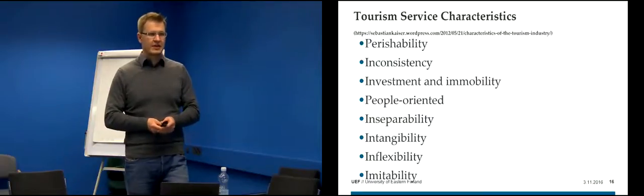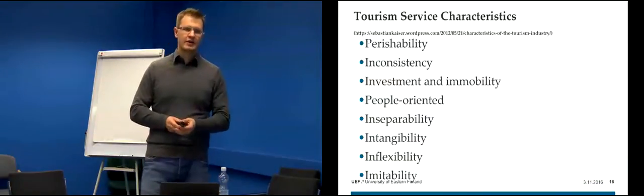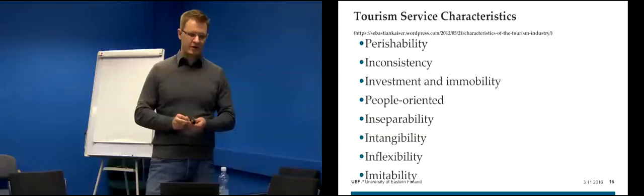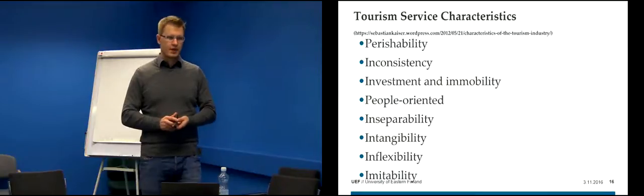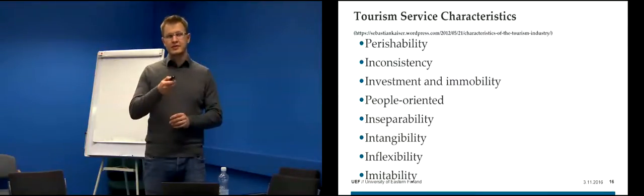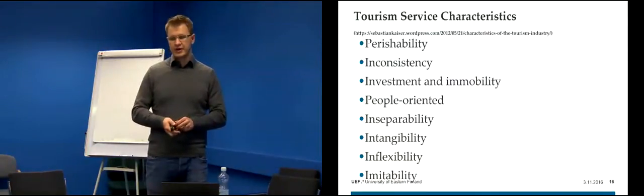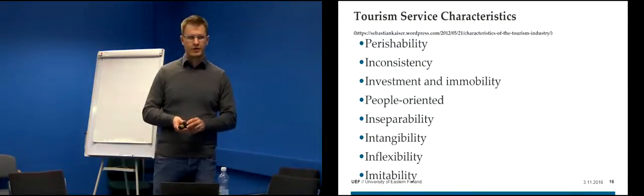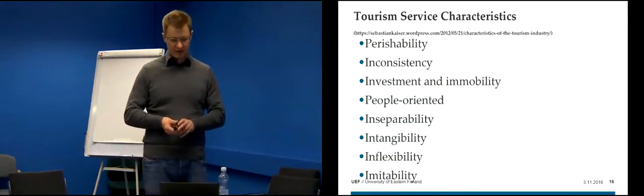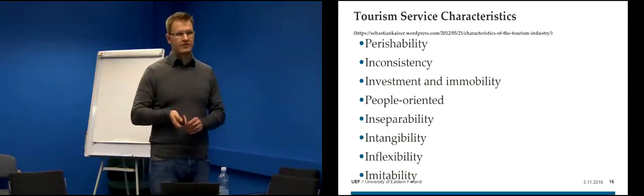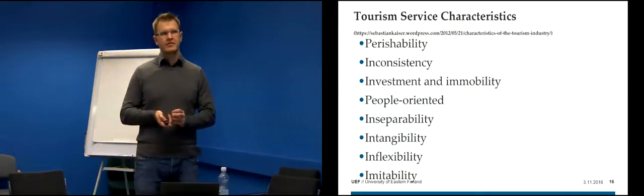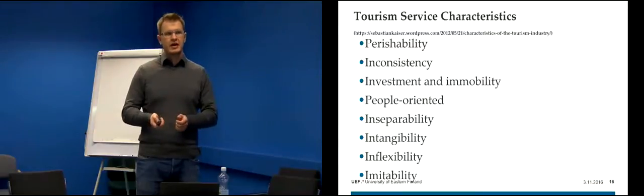There's also inflexibility in tourism services quite a lot, and then they are very difficult to imitate. Especially, I think that the people orientation of tourism makes it difficult for companies to imitate tourism products. But this is a nice article by Sebastian Kaiser that explains this a little bit more.